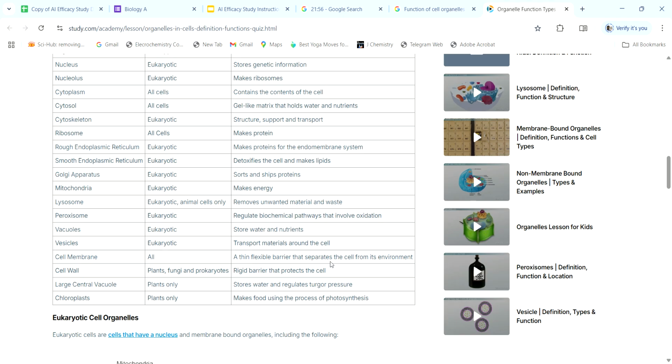Cell wall remains in plants, fungi and prokaryotes, a rigid barrier that protects the cell. Large central vacuole remains in plants only and stores water and regulates turgor pressure. Chloroplast, plants only, makes food using the process of photosynthesis. So these are the functions of organelles.